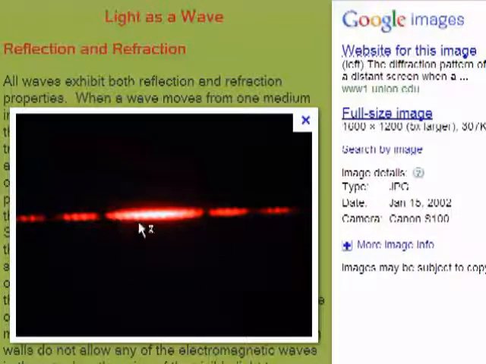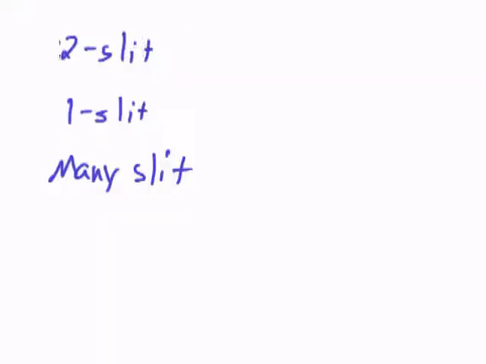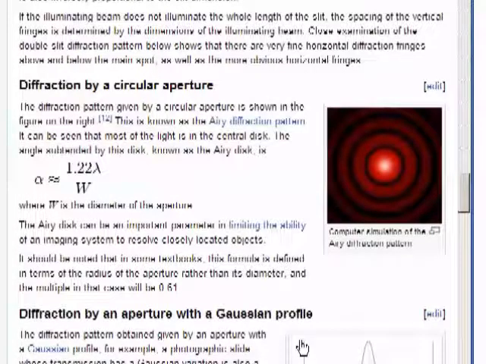It's got this big bright spot in the middle, and then the bright spots off to the side are about half the width of the big one in the center. Now, besides getting two-slit interference, you can actually get an interference pattern from just one slit. And this is called Fraunhofer diffraction. And it comes into play quite a bit when you're discussing the maximum resolution of telescopes.